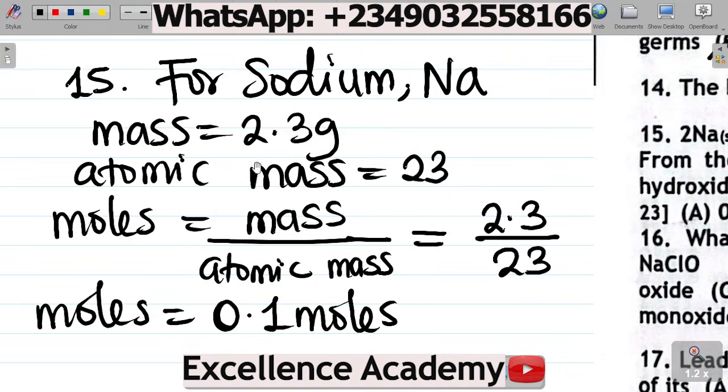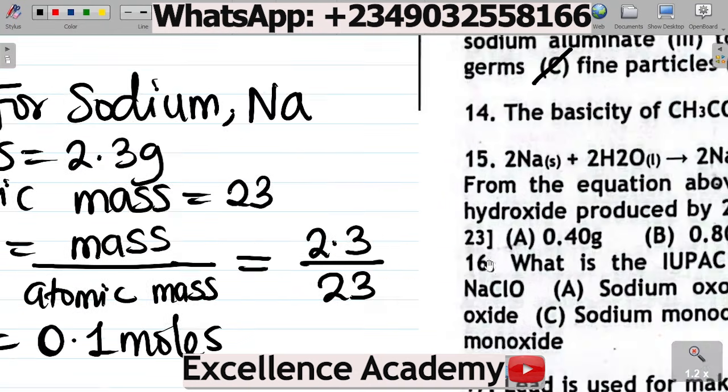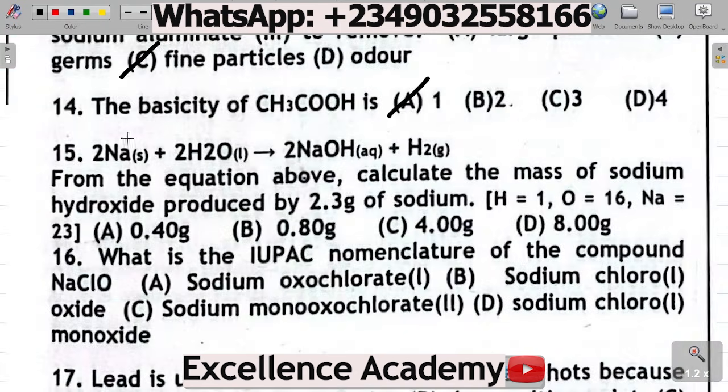We've now established that in 2.3 gram of sodium, we have 0.1 moles. Now, coming back to this, you can see that 2 moles of sodium atoms are required to react to form 2 moles of sodium hydroxide.